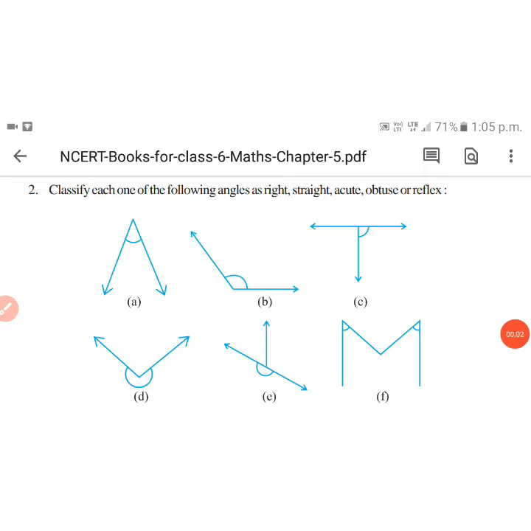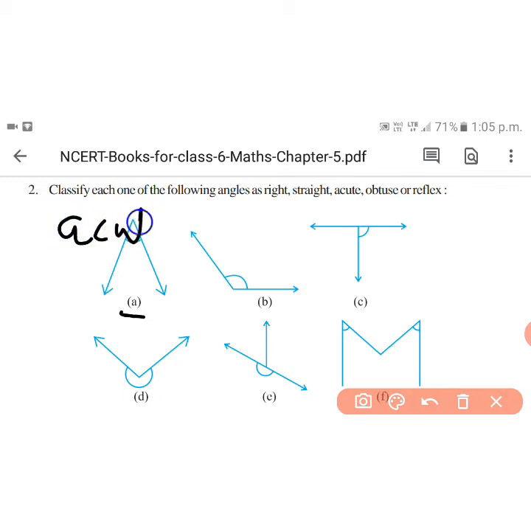Question number 2. Classify each one of the following angles as straight, right, acute, obtuse or reflex. A part. This angle is less than right angle. So this is acute. B part.